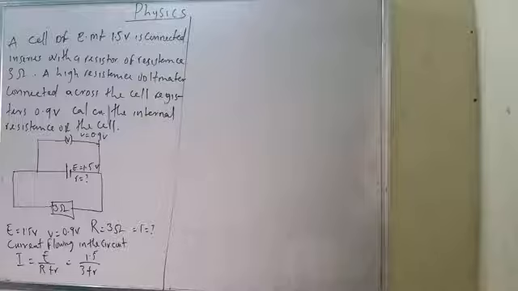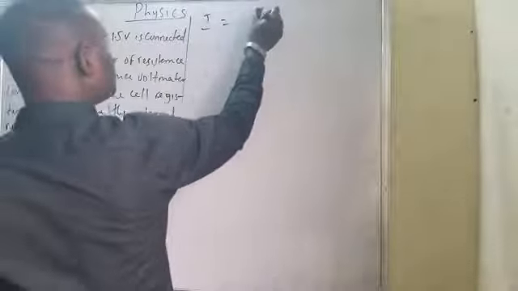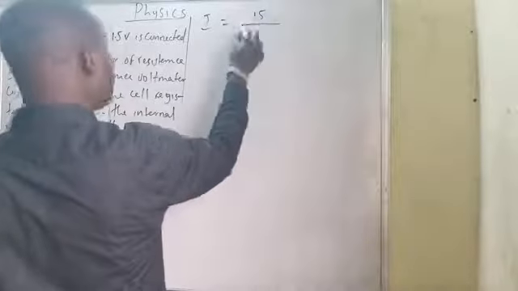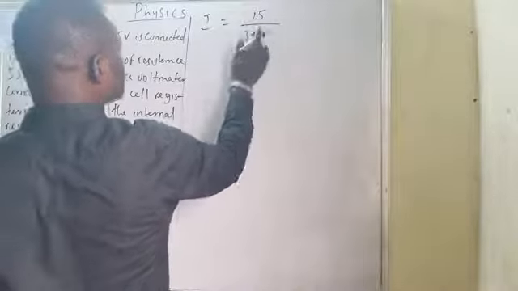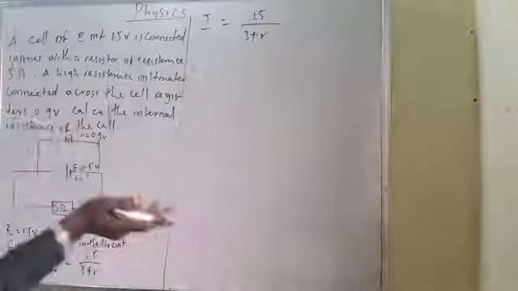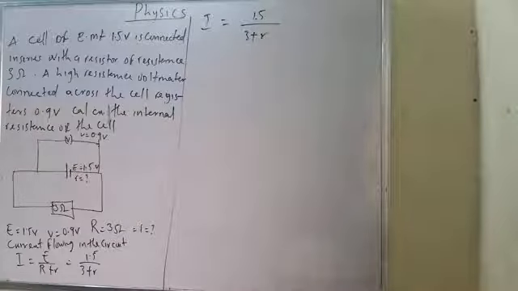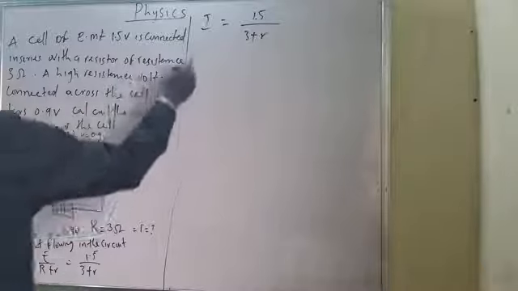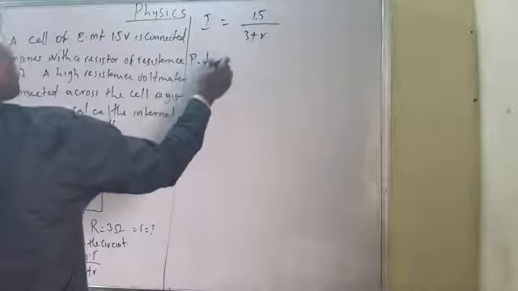With this, you can see that I'll be having this funny equation. Let me leave it like this. It means I've got I equals 1.5 divided by 3 plus r, which you can cross multiply anyhow you want, but two unknowns are there.